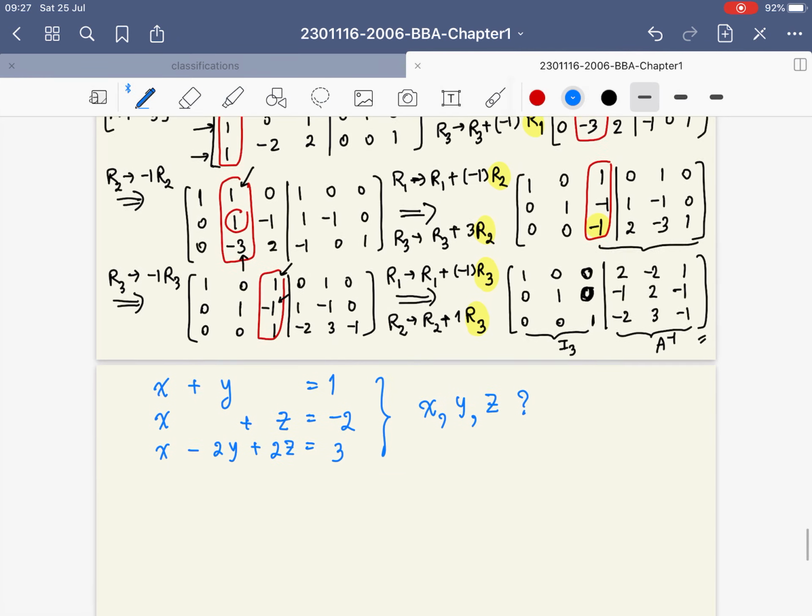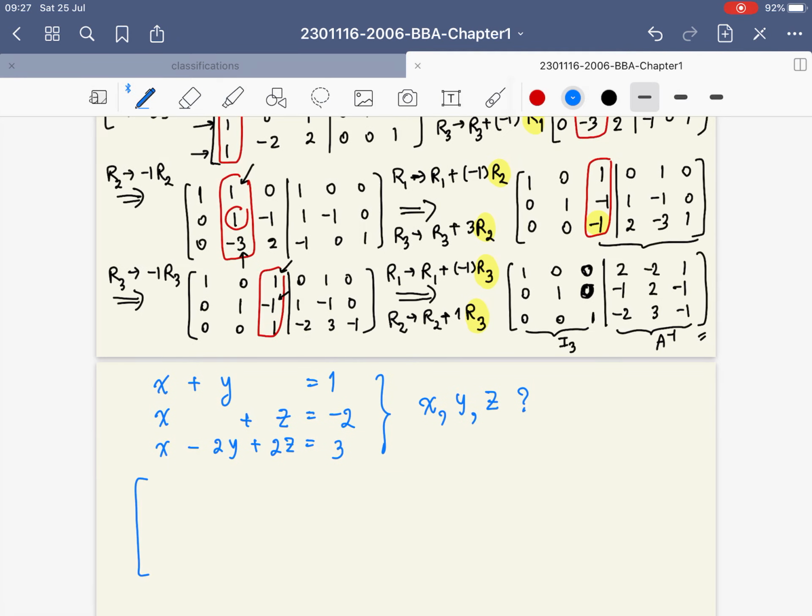Of course, if you take a look at it carefully, all the coefficients for your x are 1, the first column. And the coefficients of your y are 1, 0, negative 2. You see 0y here, because it has nothing.